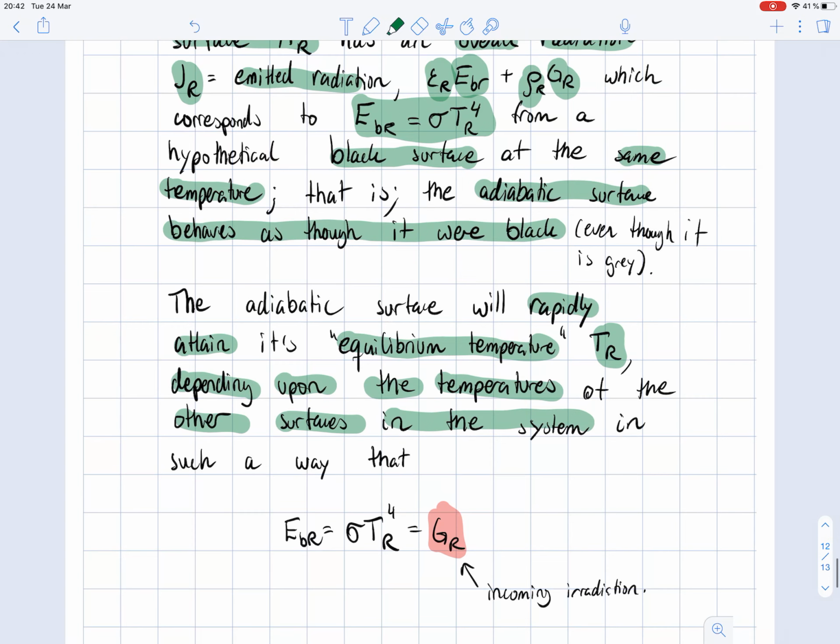And the reason for that is that EBR, the emitted black body flux, equals sigma TR to the power 4. This is just Stefan Boltzmann's law. And from our relation, this equals GR, which is the incoming irradiation. So everything becomes quite tightly coupled in this situation.